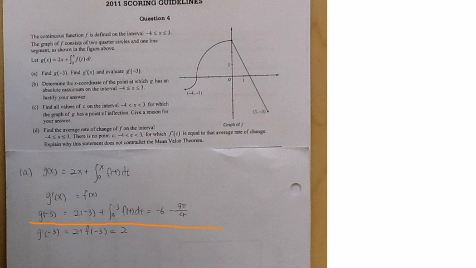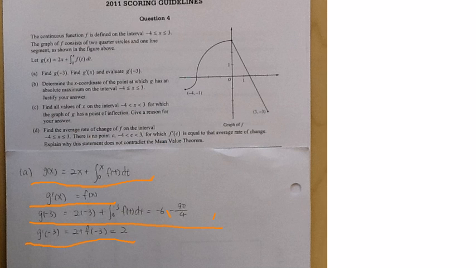It's 2 times -3 plus the integral from 0 to -3 of f(t) dt, and we get -6 minus 9 pi divided by 4. Since g of x equals 2x plus the integral from 0 to x of f(t) dt, g prime of x just equals 2 plus f(x). So g prime of -3 is 2 plus f(-3), which equals 2.